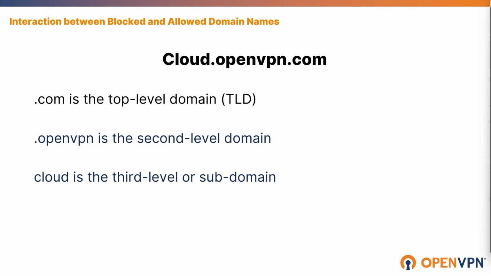The domain name matching logic checks domain names from right to left, starting from the TLD or top level domain. Therefore, if you're using both block list and allow list, be careful when you're filtering on both domain and subdomain names. You can have different results by adding two different configurations of a domain and subdomain in both the allow list and block list.